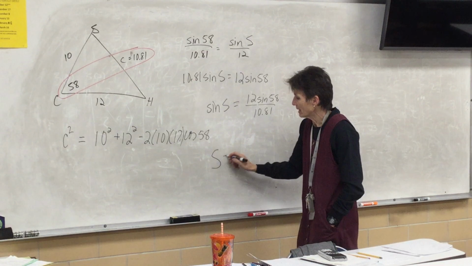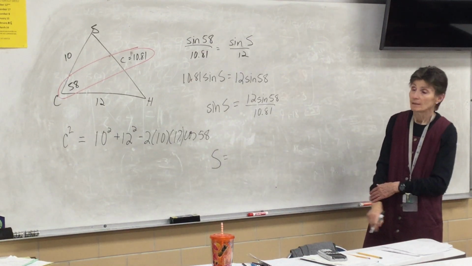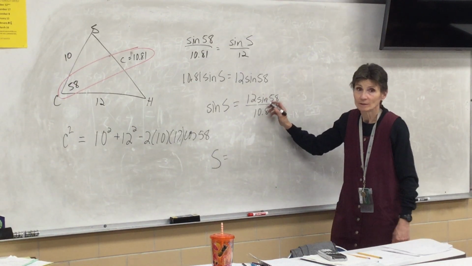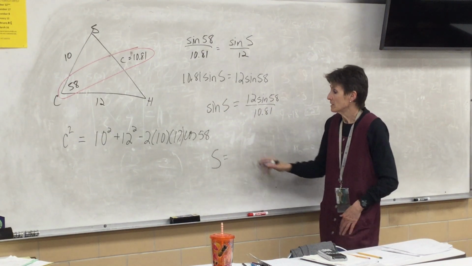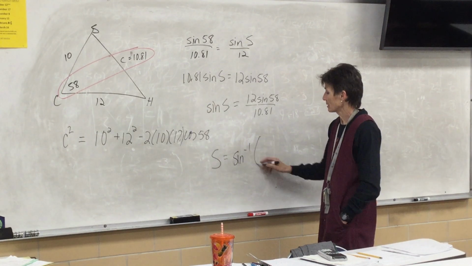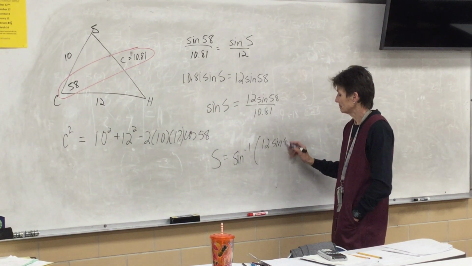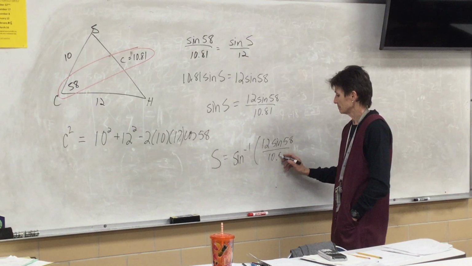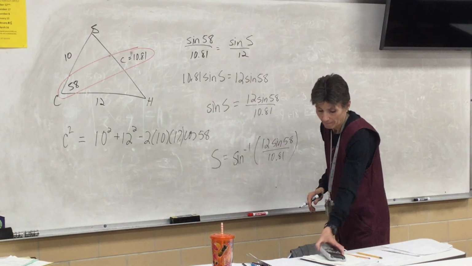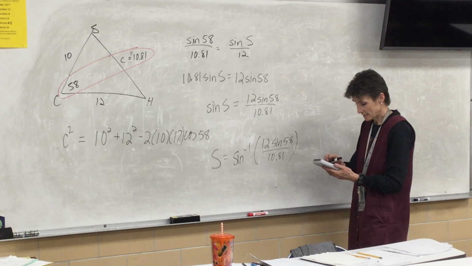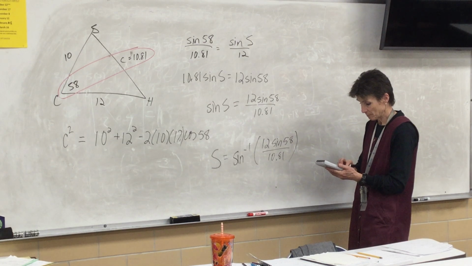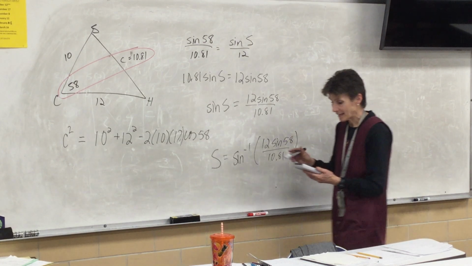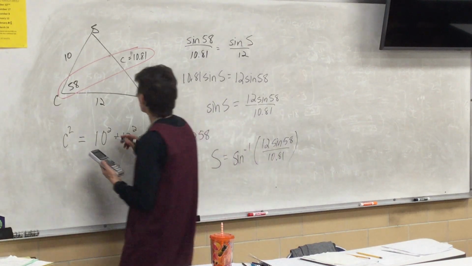So to get angle s, which is what we're looking for, this is just going to give you a decimal. This is going to give you the sine. You don't want the sine. You want the angle. So second sine that fraction. So here we go. Second sine 12 sine 58 divided by 10.81, and I got 70.29.